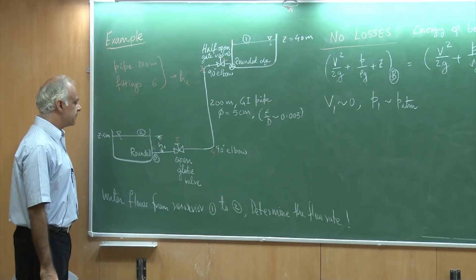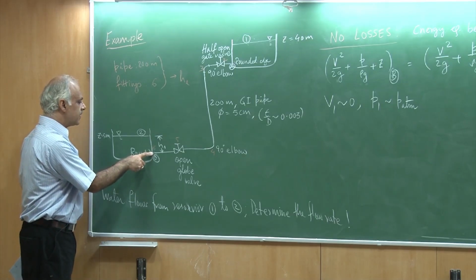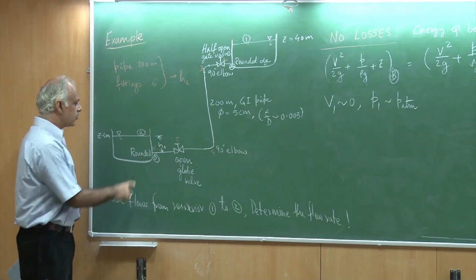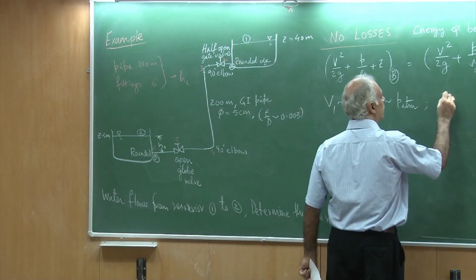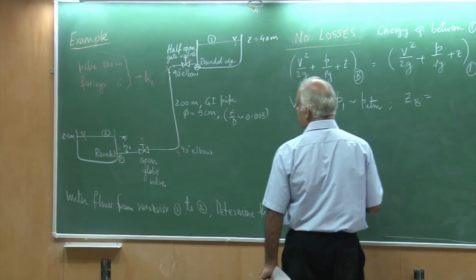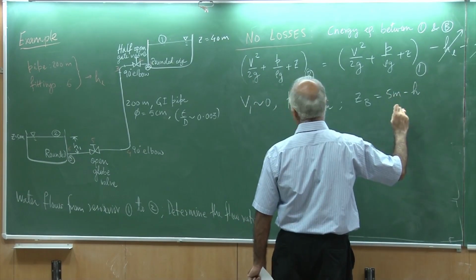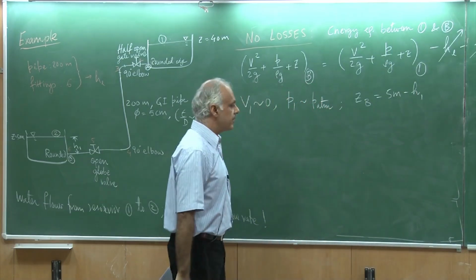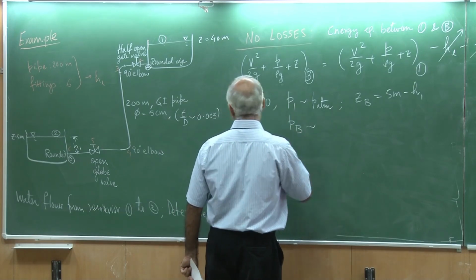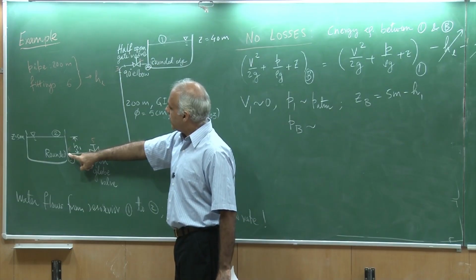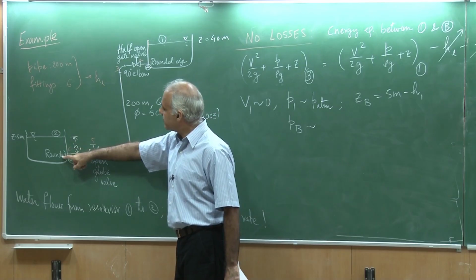So, I can now estimate the pressure at location B, and also the Z at location B. Z at location B would be simply 5 meter minus H1, and Pb, the pressure here, I will assume is primarily hydrostatic, an assumption because there is a flow here.